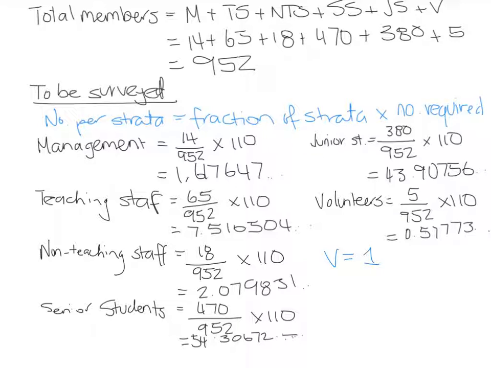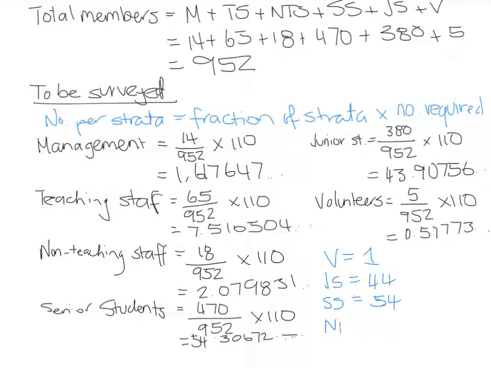Then we'll go through and have a look at all these numbers and apply our rounding conventions and see what we end up with. Our junior students, 43.9, we'll round that to 44. Our senior students, 54.3, we'll leave that at 54.